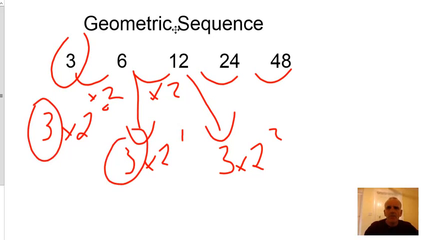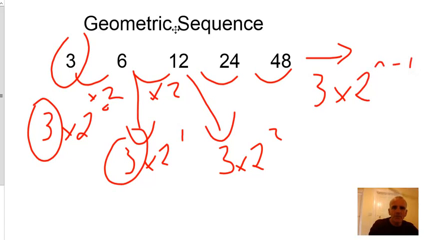So the nth term here will be 3 multiplied by 2 to the n minus 1. For the first term I want a 0 there, and for the second term I want a 1, so that's why we've got n minus 1.